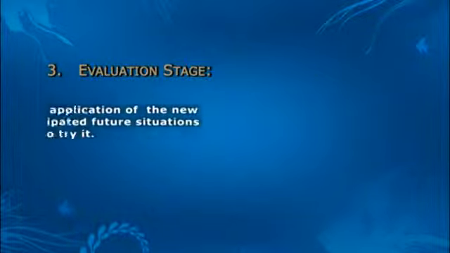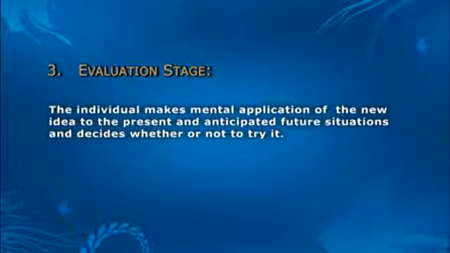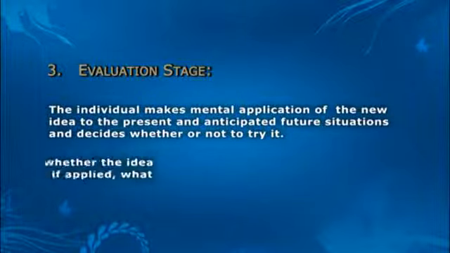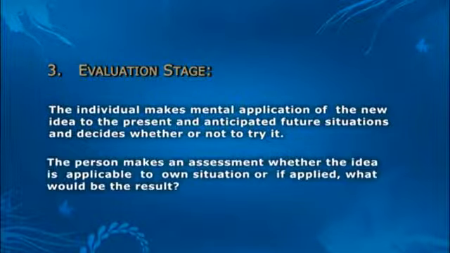The third stage is the evaluation stage. The individual makes mental application of the new idea to the present and anticipated future situations and decides whether or not to try it. Example, the person makes an assessment whether the idea is applicable to own situation, or if applied, what would be the result.